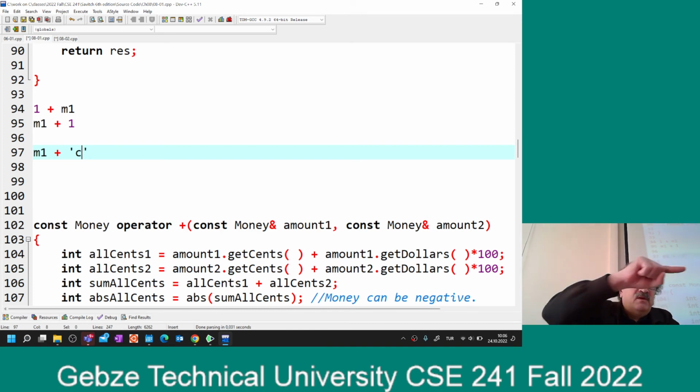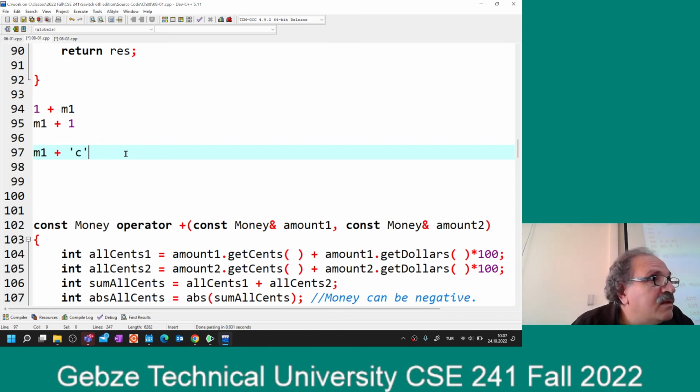You don't do first from this to this, then from this to that. You only try it once, okay? Convert an integer to money, and my operator plus works for money, okay? So your intuitive logic says that, why don't I convert this character to an integer, and there is a conversion constructor for the integer? No, it doesn't work that way. There is a rule that's written in the standard C++.